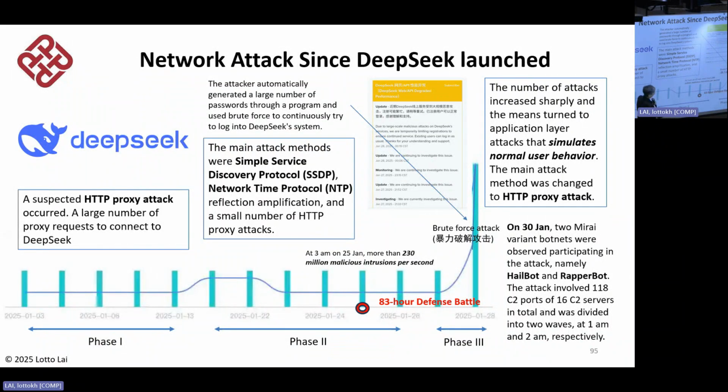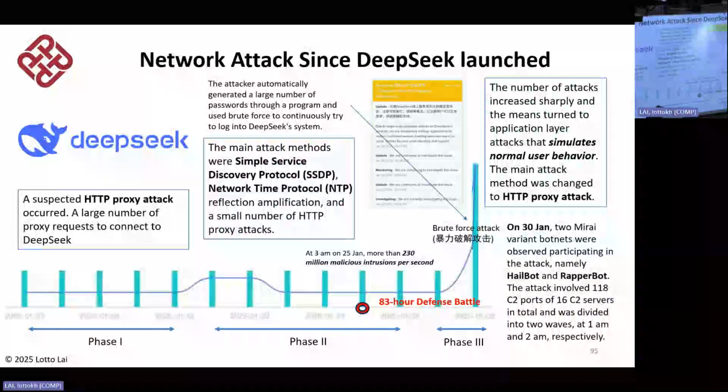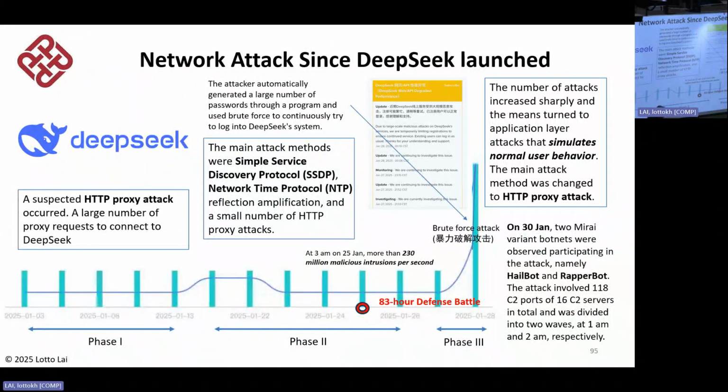So the number of attacks increased sharply, and this was phase 3, an application layer attack simulating normal user behavior. The main attack method was the HTTP proxy attack. It rose quickly.